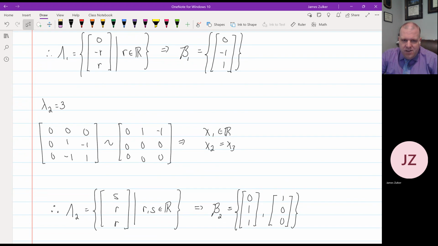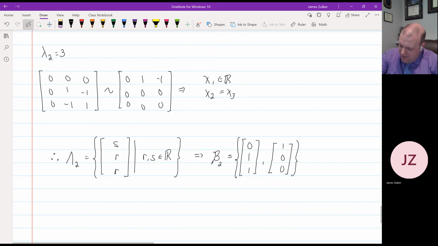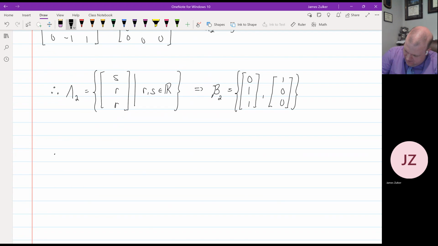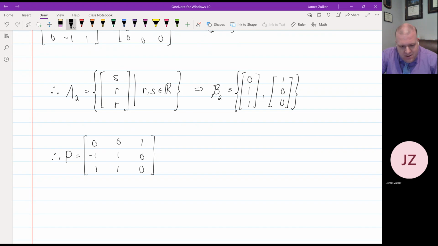Sum of the dimensions is 3. That means this can be diagonalized. So we take the first column to be the first basis element. Second column and third column, right? So the second and third columns will be the 2 basis elements for the second eigenspace.